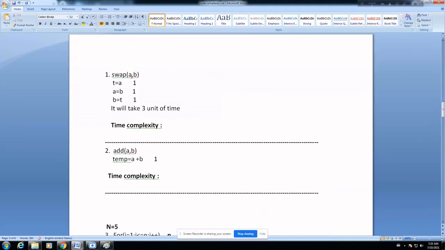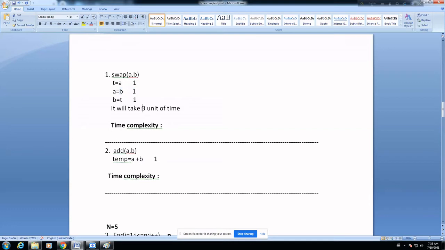Look at this. One function is there called swap(a, b). It's a swap function, and if I want to swap two numbers, we know the program. We just take a temporary variable: t equal to a, a equal to b, and finally we store the value of t into b. If I execute this program, the first line takes 1 unit of time, the second statement takes 1 unit of time, and the third statement again takes 1 unit of time.